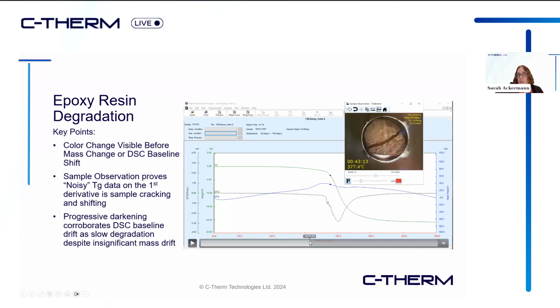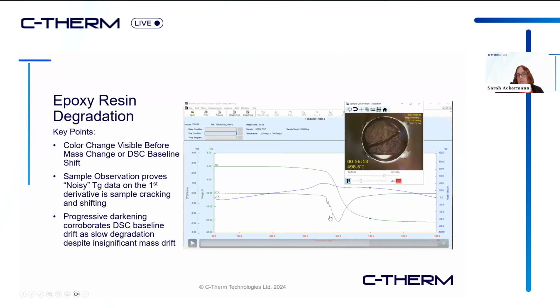But what we can actually see is that this noise on the TG is associated with the physical motion of the sample due to cracking caused by the thermal degradation of the material. That allows us to more confidently assign this as a simple combustion degradation.